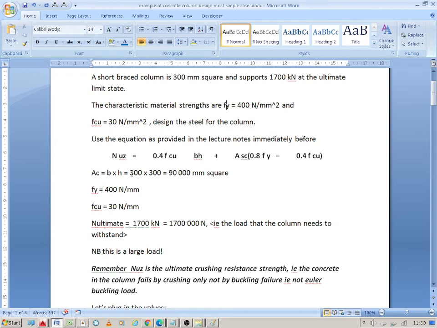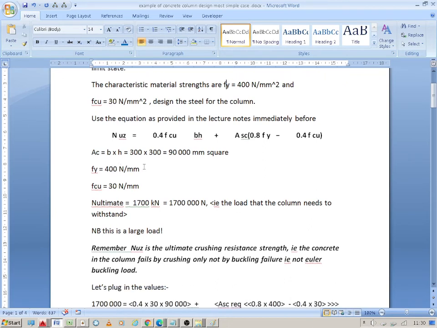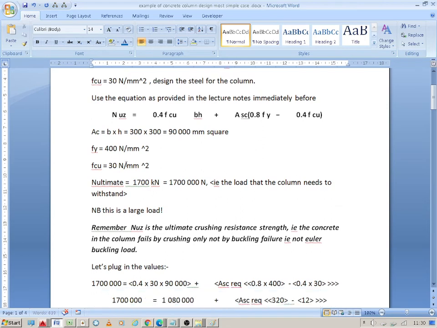Now we've got actual values. It's 300 by 300, so 300 times 300 is 3 times 3 times 100 times 100, which is 9 times 10,000, so 90,000. f_y equals 400 newtons per millimeter squared, and f_cu equals 30 newtons per millimeter squared.